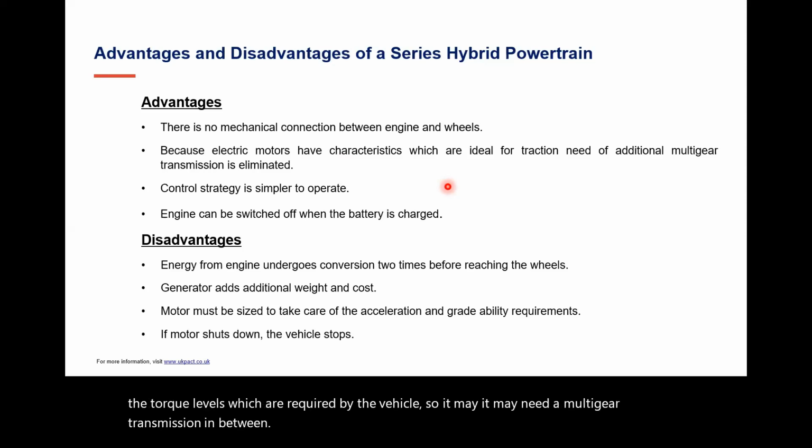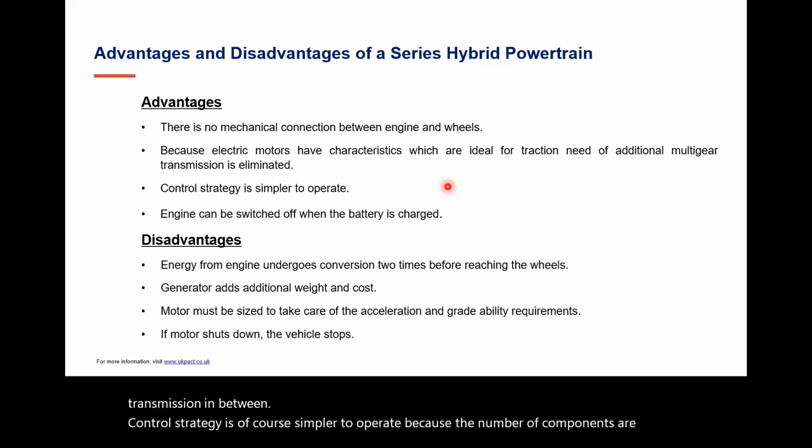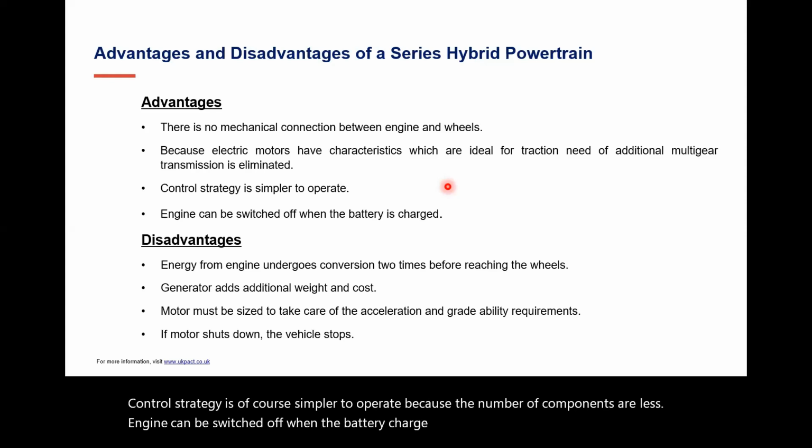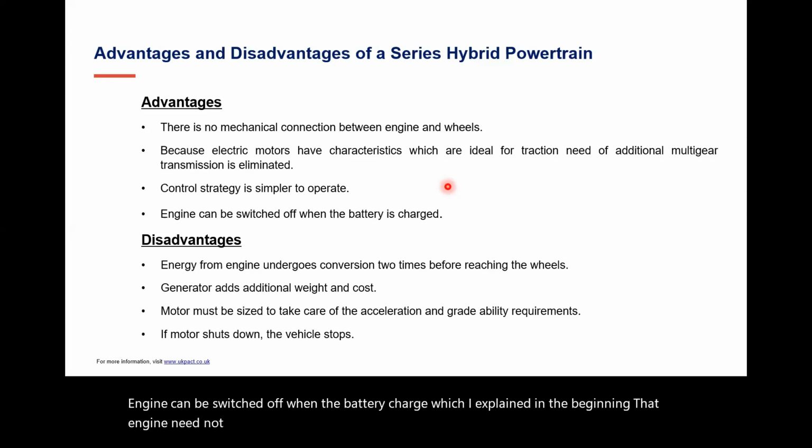The control strategy is of course simpler to operate because the number of components is less. The engine can be switched off when the battery is charged, as I explained in the beginning, the engine need not be on continuously. It is required only for charging the battery.